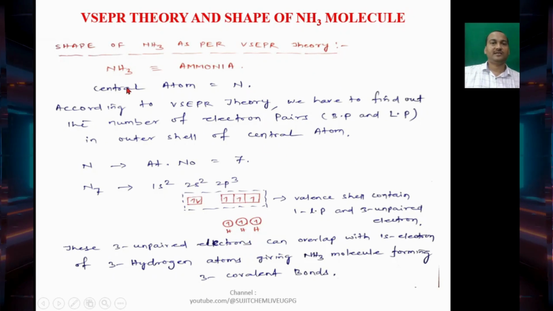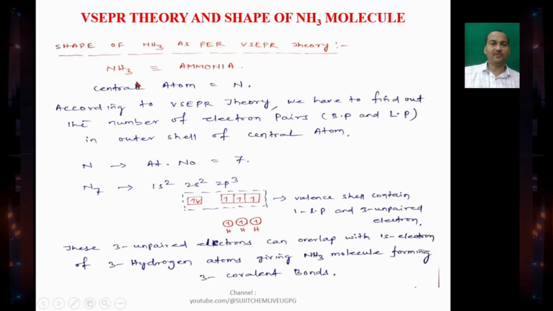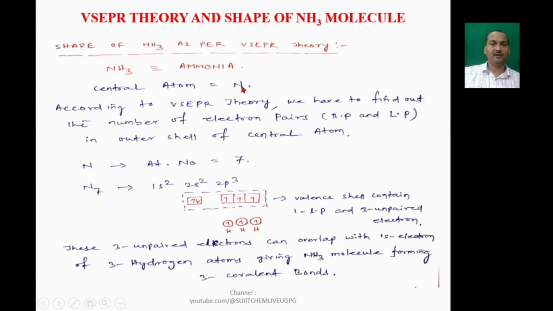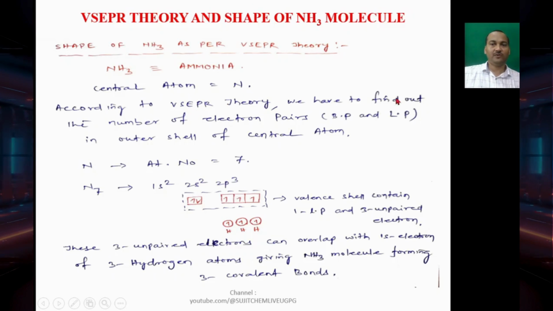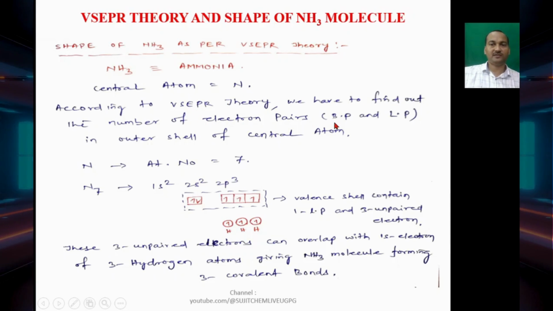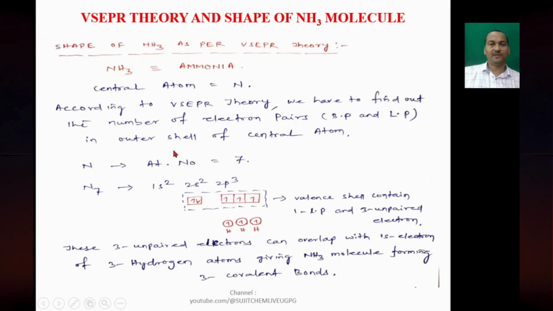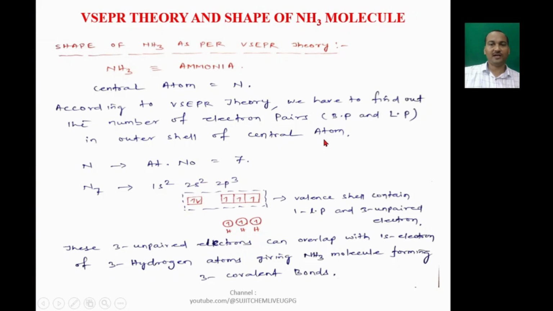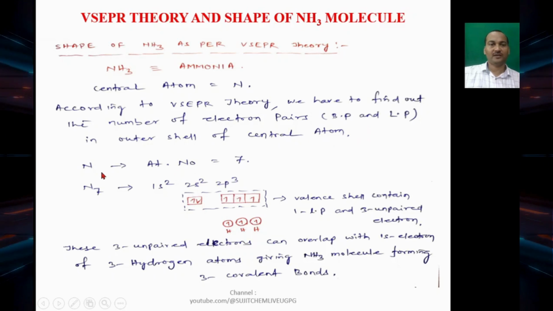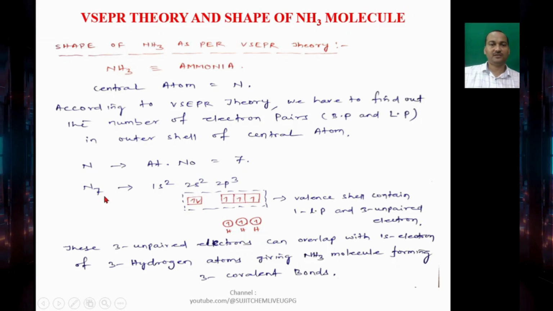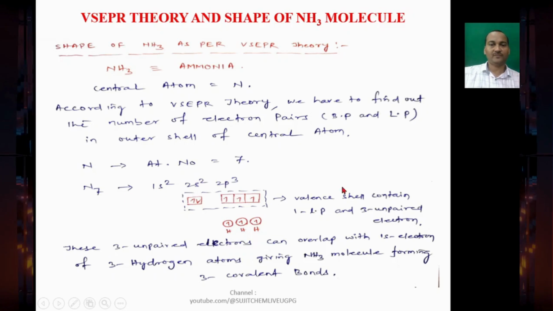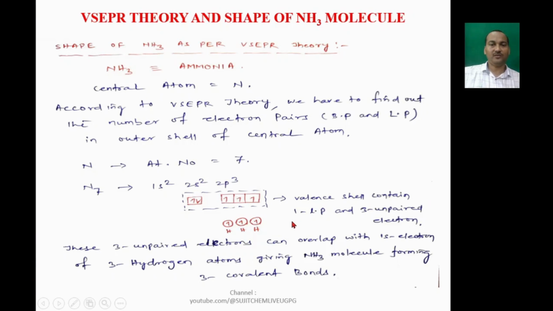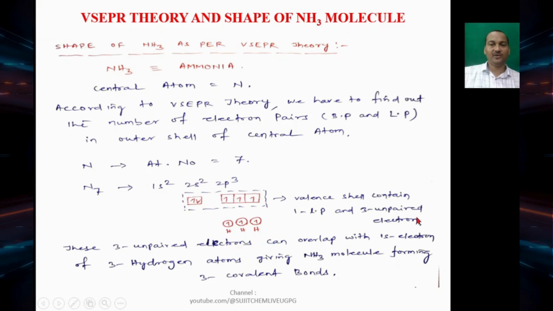So now let's discuss the shape of ammonia molecule. So the central atom here is nitrogen. According to VSEPR theory, we have to find out the number of electron pairs, bond pairs and lone pairs in the outer shell of the central atom nitrogen. So nitrogen, atomic number 7, electronic configuration is 1s2, 2s2, 2p3. So the valence shell contains 1 lone pair and 3 unpaired electrons.